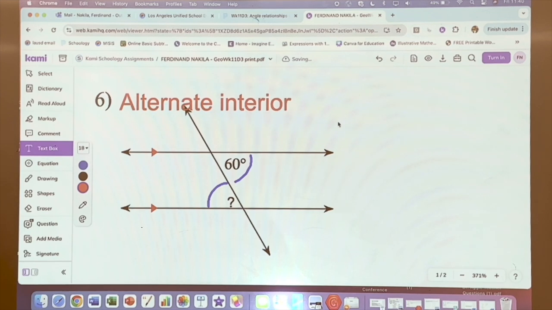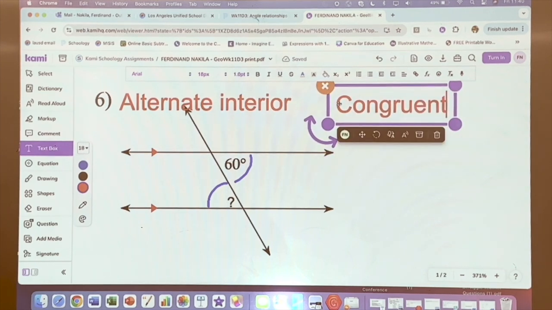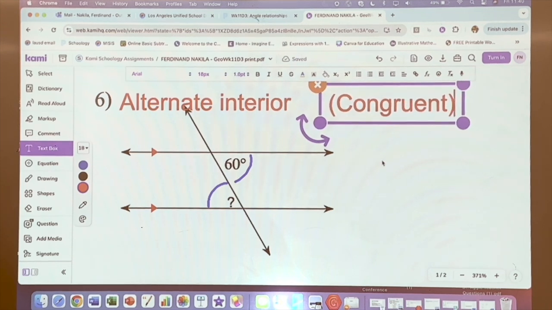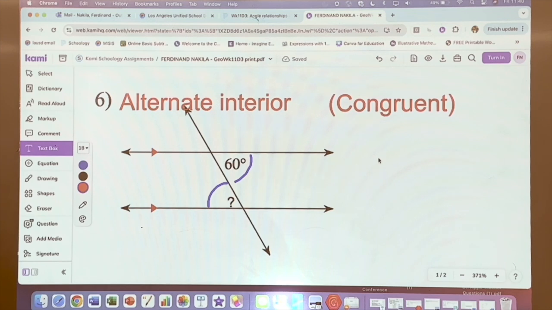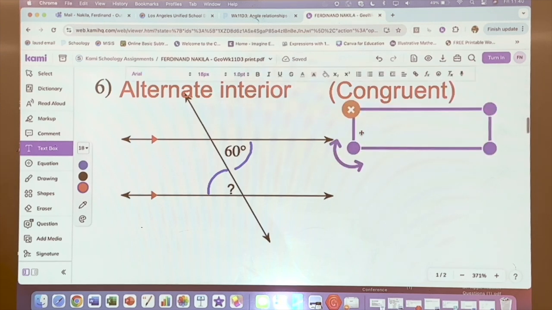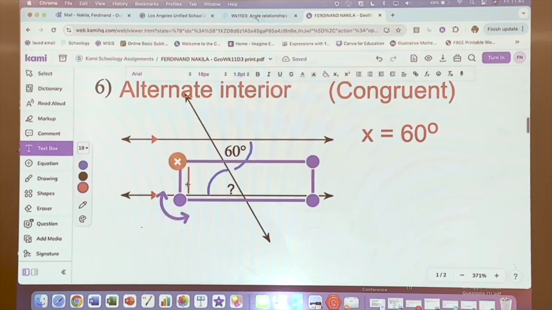Are they supplementary or congruent? Congruent. Basically, they are the same. We just write the word congruent because this is our notes and our guide. But when you answer a test, you don't need to write the word congruent anymore. So I'll replace the question mark with an x. That's going to be our angle 1 is equal to or congruent with angle 2, which is 60 degrees. Therefore, x or the question mark is also 60 degrees.